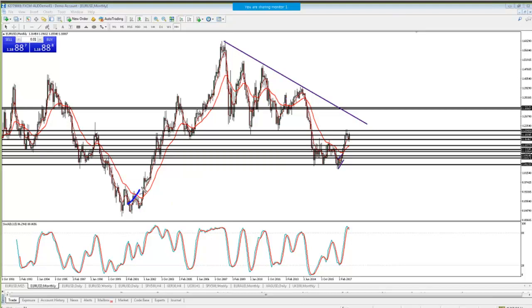Overall, is this an uptrend or is this a downtrend? I don't know. I think that's difficult. I know it sounds preposterous, but it's not obvious to me.